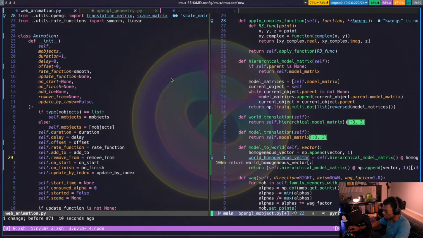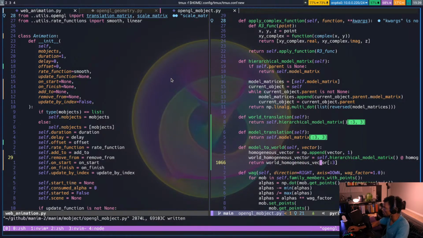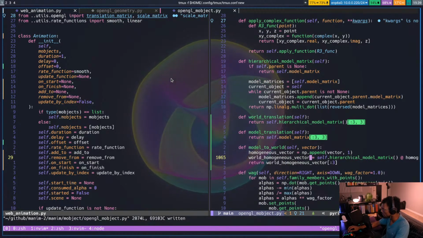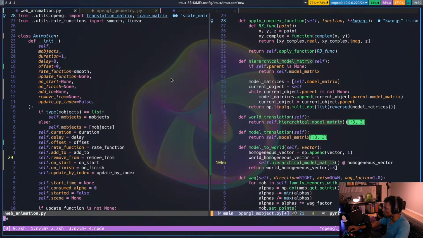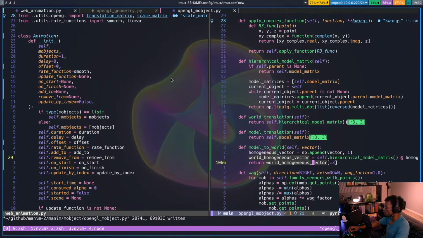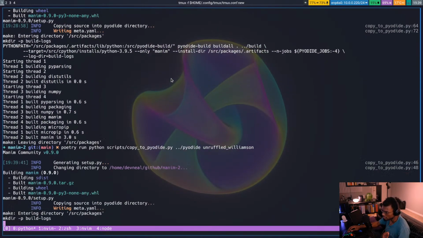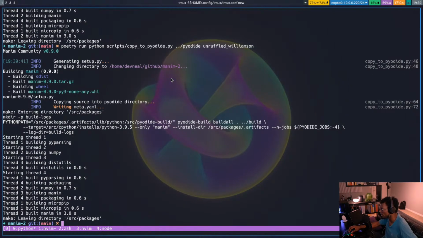Okay, and this is making it non-homogeneous. Even this is like kind of long for some reason, but whatever. Okay, so now I can do computations in model space and bring those to world space. Should be really helpful.